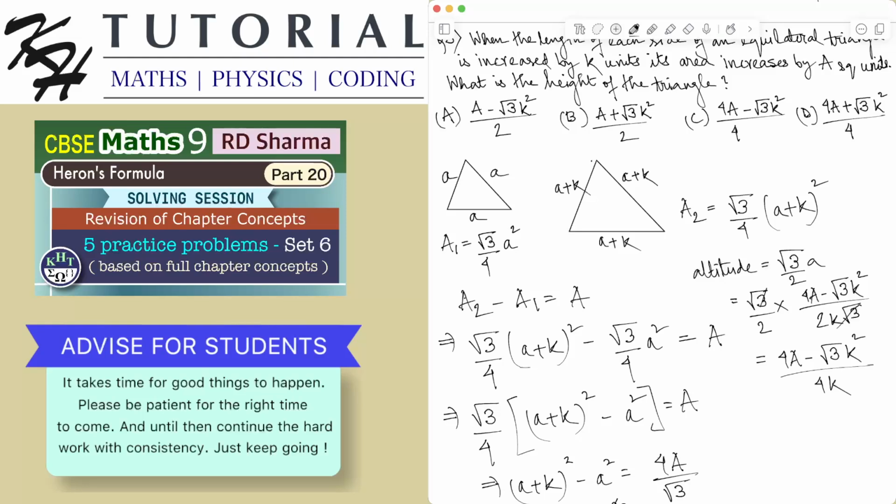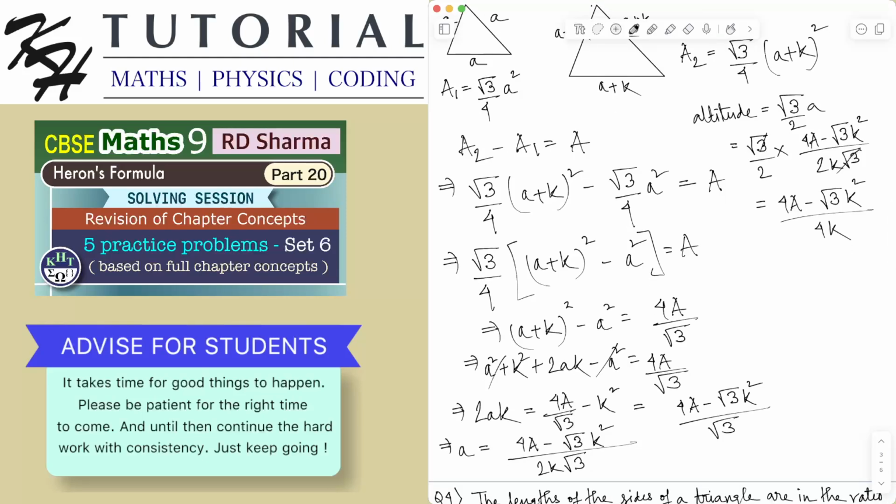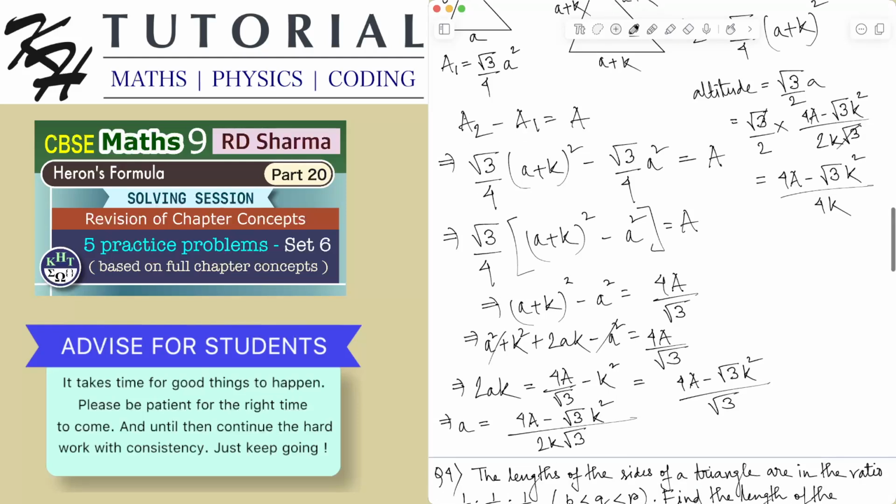So the correct choice is... where is k? In none of the choices is there a k in the denominator. Have I done any mistake?